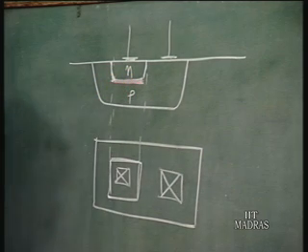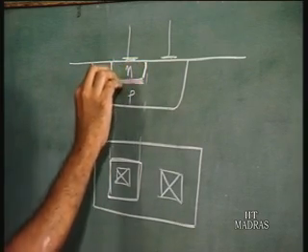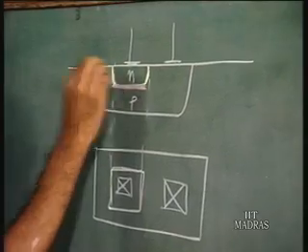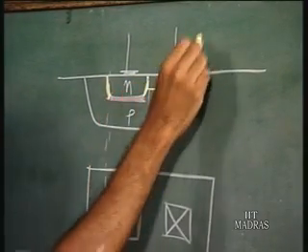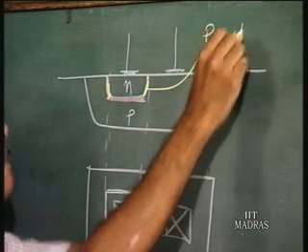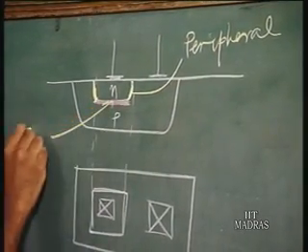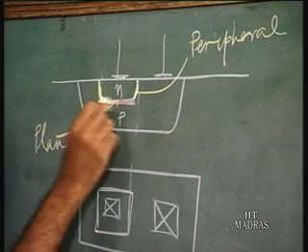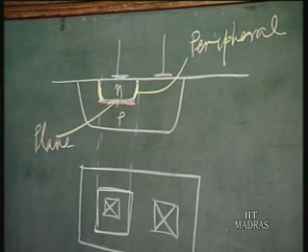And there is another part which is also important, which is the sides of this junction. The sides we can call the peripheral region, and this region is the plane region. So you have a component of capacitance due to the plane region and a component due to the peripheral region.